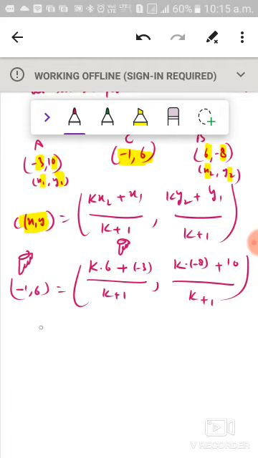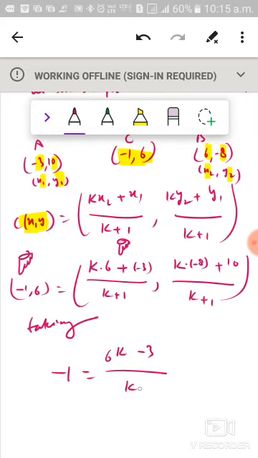Now taking -1, comparing x coordinate with x coordinate, k into 6 is 6k, plus minus minus 3 by k plus 1. Transposing k plus 1 to left hand side, so k plus 1 multiply -1, that is minus k minus 1, that is equals to 6k minus 3.